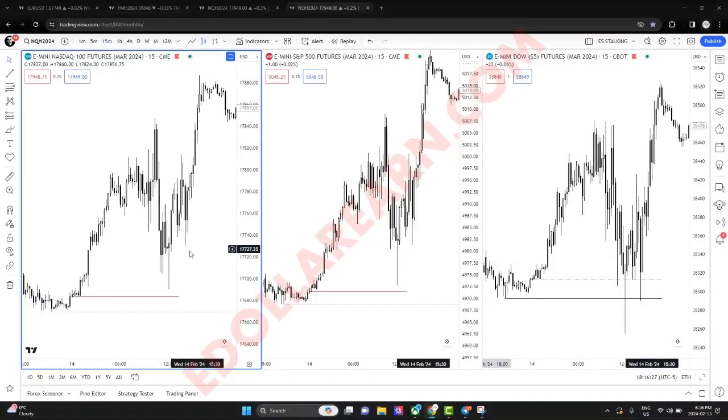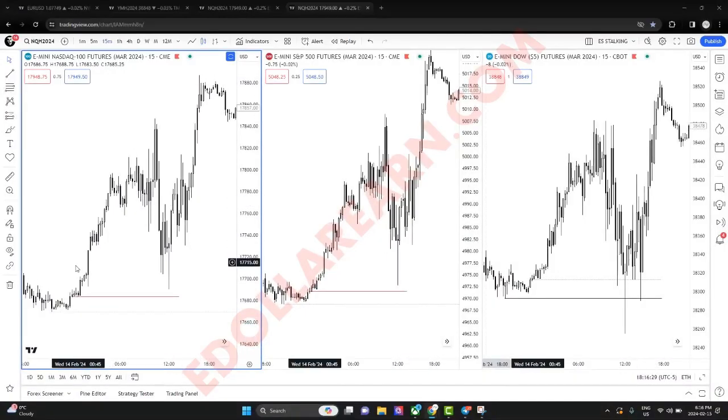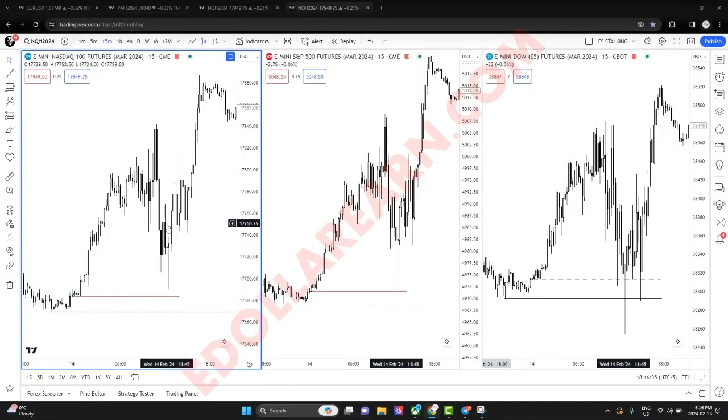And here is where we incorporate Q3 true opens and SMT. So with this one in particular, sequential SMT would strengthen it, but you don't need sequential SMT for this to work.